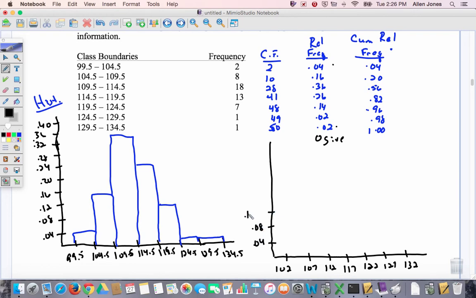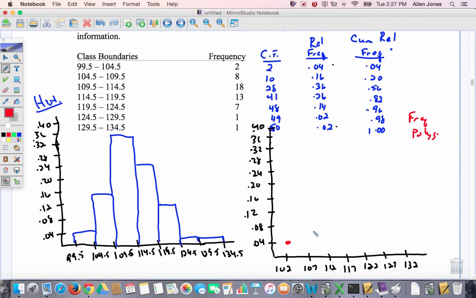I'm going to use the same scale because we are graphing essentially the same information just in a different format here. Again, kind of running out of space here, but with our, what did I say, ogive? I can't keep track of my terms here. This is not an ogive, this is a frequency polygon.